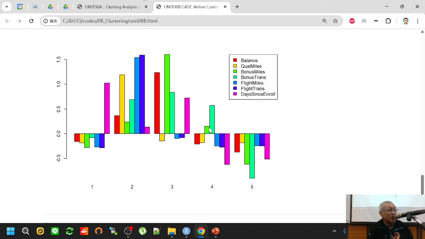So if you are a marketer, what do you want to do with them? You should not ignore them, right? Because the reason that you want to align with these hotel and car rental companies is that they are travelers. These people are travelers. You can see that their number of transactions is very high.